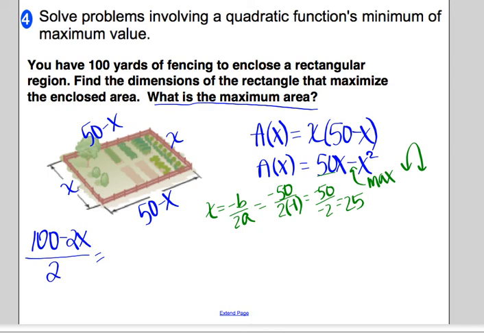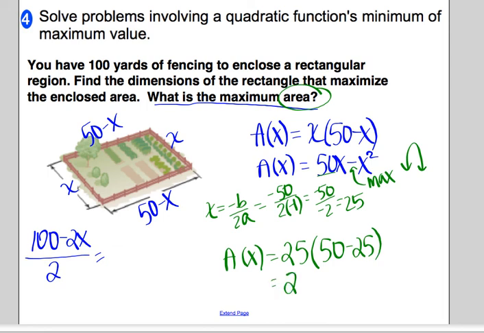Now that I know my maximum x value, I really want to know the maximum area. So we'll go ahead and plug that into our area formula to find the maximum area. Now you can use either one. In this case, since I don't have a calculator handy, I'm going to use the top equation because it's a little bit easier to work with. We'll have 25 times 50 minus 25.